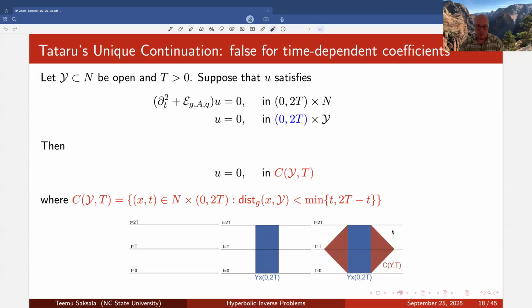That is why in this regime we have to limit our attention to time independent coefficients. Also, this is the reason why in some of these earlier places you at least have to introduce log type instability. If you want to build on unique continuation, then some very strong instability will appear because of this.